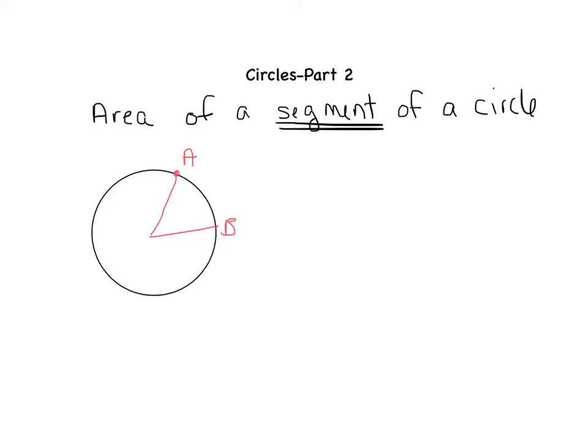Previously, we had said that a sector was this piece that was in here, bounded by the radii that connect to the center of the circle and the two endpoints of the arc.